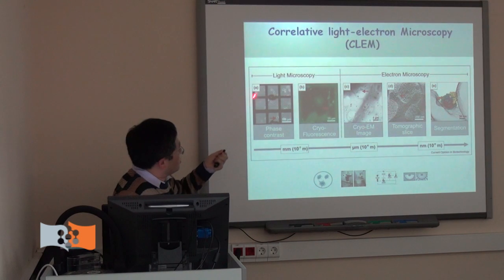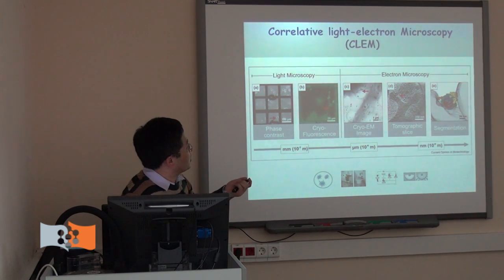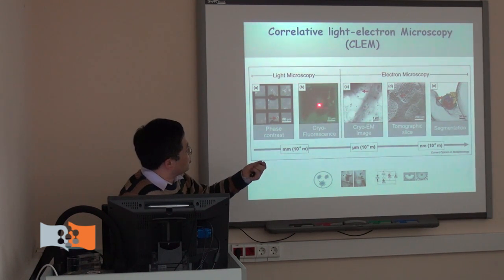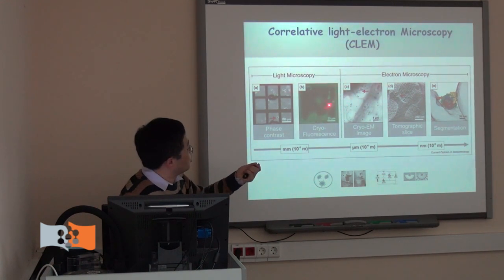You get a cryo-EM sample, but here you have a tag attached to the proteins you are interested in. Then you put it into the light microscope, and with the help of the tag you localize the position of your proteins.